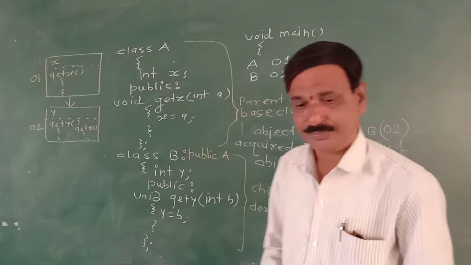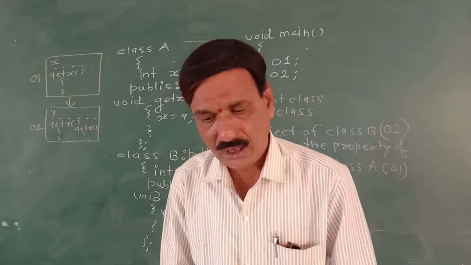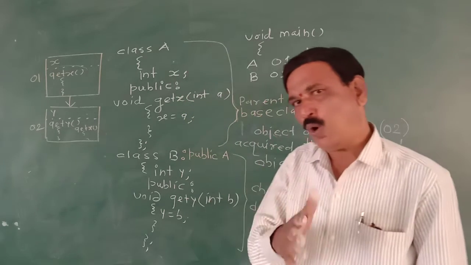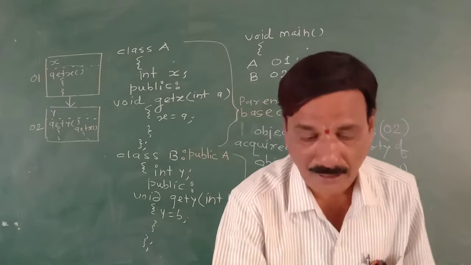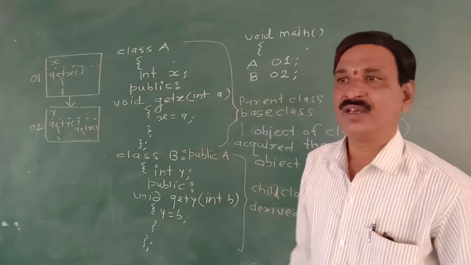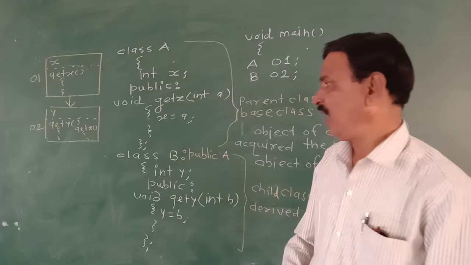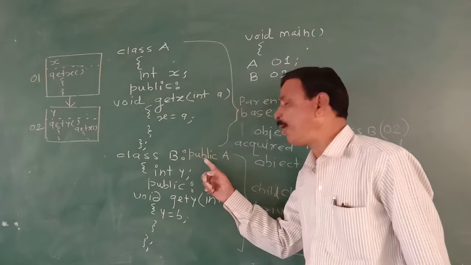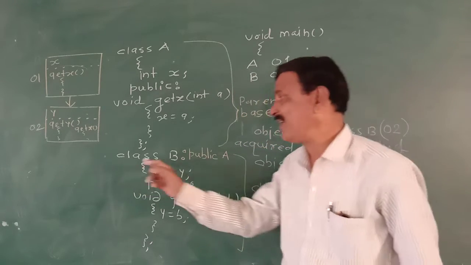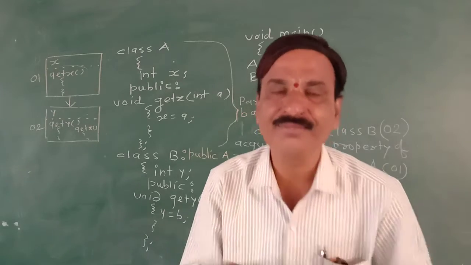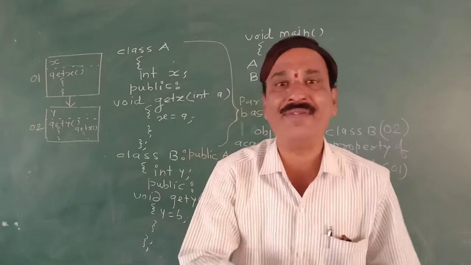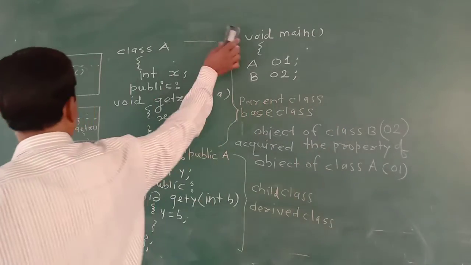This is called a visibility mode, but this is also called the derivation type. Class B can be derived publicly, class B can be derived privately. That is called a type of derivation. That also we are going to see.